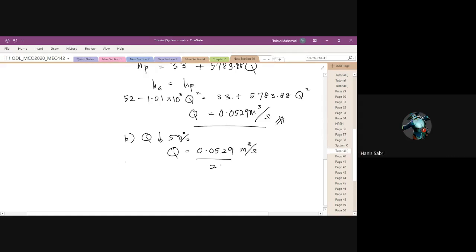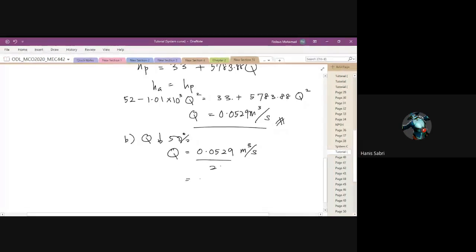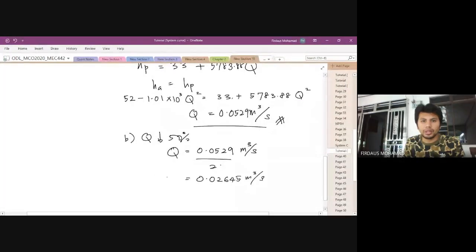Kosong 2645. 2645. Okay, so this is our new Q, if we reduce the flow rate to 50%. So from this Q, we can determine head for this pump.